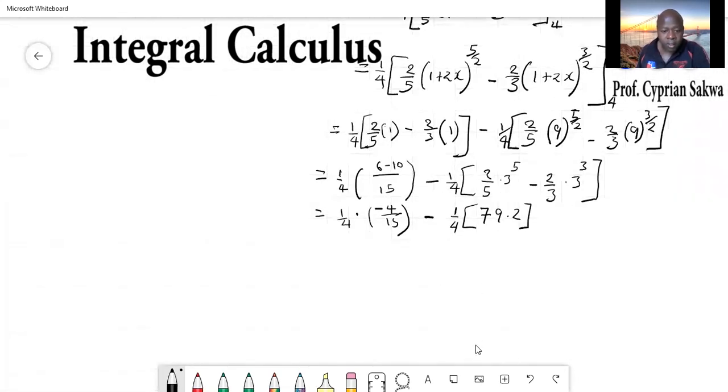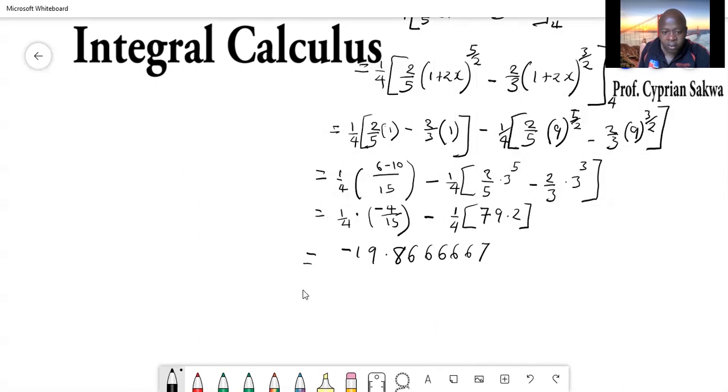So again, using our calculator, that would be 1 over 15, remember it's negative. It's negative 1 divided by 15, and then minus 79.2 divided by 4, and the answer from the calculator will be negative 19.86666667.